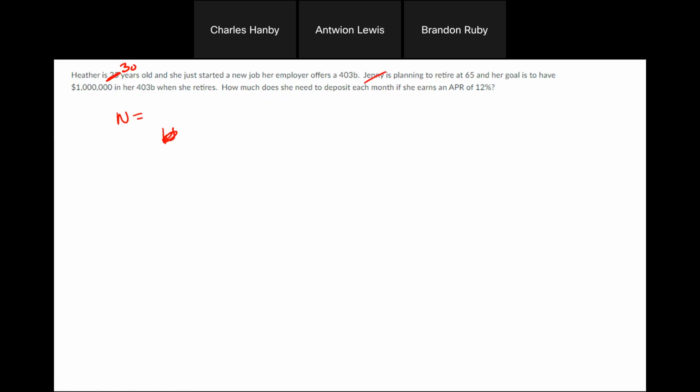Exactly. You're taking what you're putting away and applying a rate of return to it, and then you'll determine what you have. Or you can determine how much she needs to put away each month to meet that $1 million savings goal.